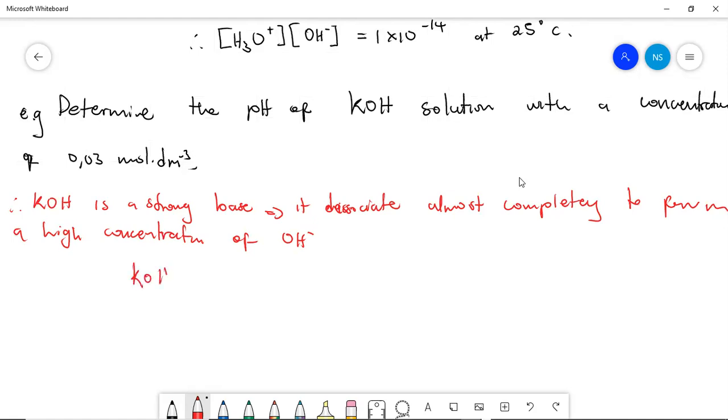From KOH plus H2O, when we dissolve it in water, we find K plus in aqueous solution, and we have our OH minus in aqueous solution. So that's when it dissociates completely to form a high concentration of OH minus, right?